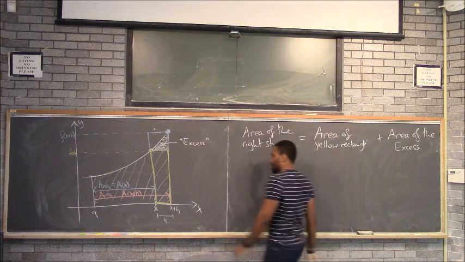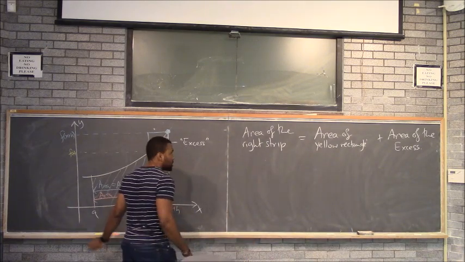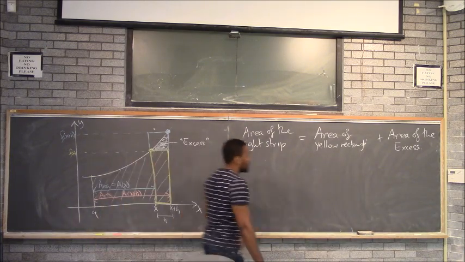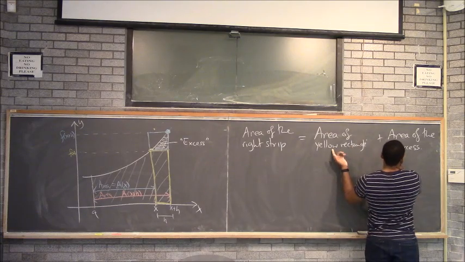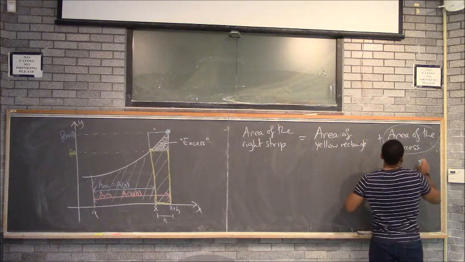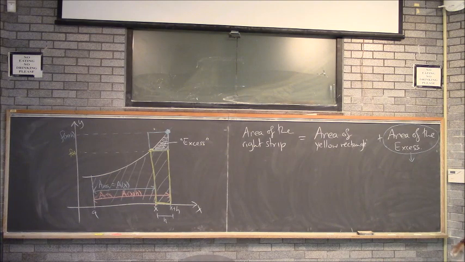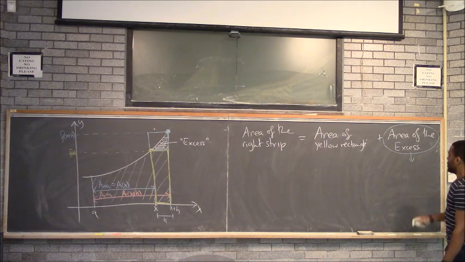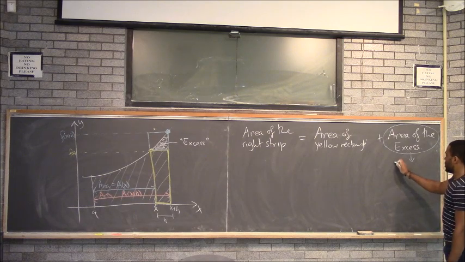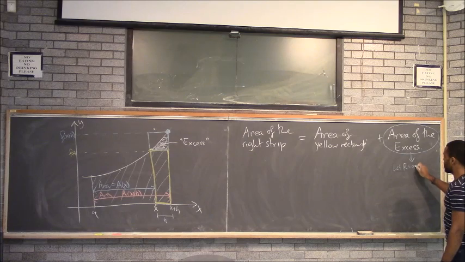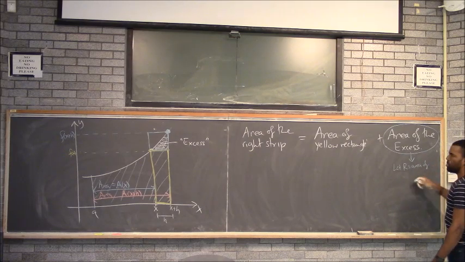Let's focus on this part for a little bit. That's the area of the rectangle. I know I'll find that easy. What would the area of the excess be? How is that going to behave? So here's what we're going to do. Look at the area of the blue. Let R equal the area of the blue rectangle, because I'm already using big A for something.